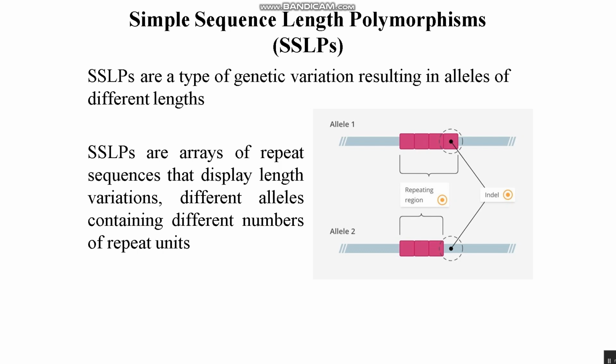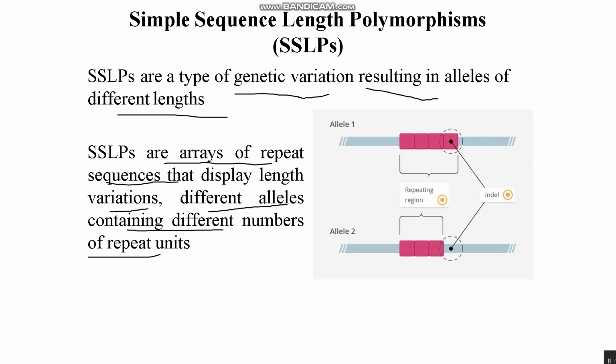SSLP is a type of genetic variation resulting in alleles of different lengths present in different individuals. SSLPs are arrays of repeat sequences that display length variations in different alleles containing different numbers of repeats.